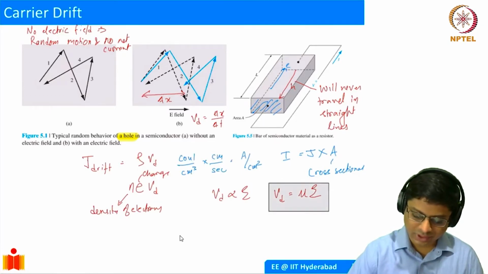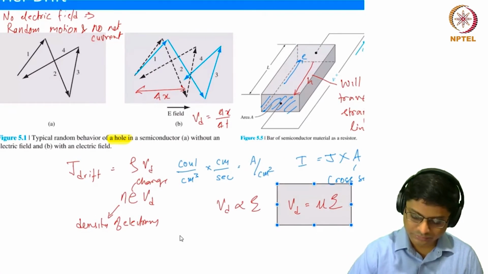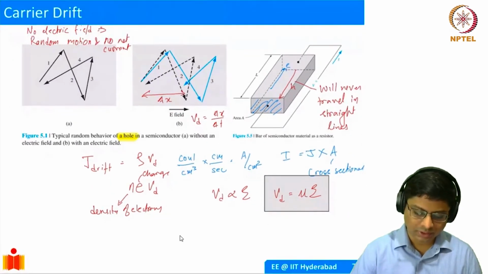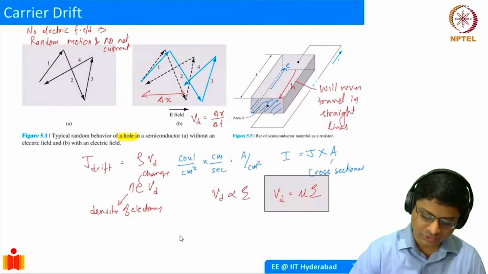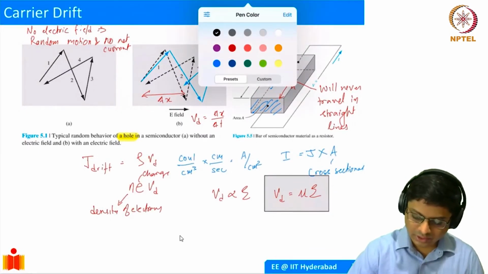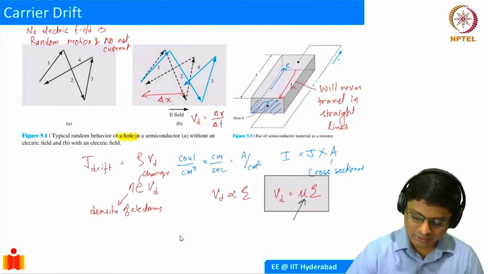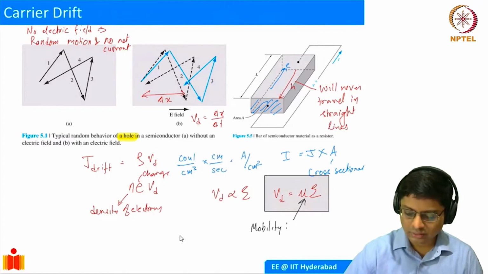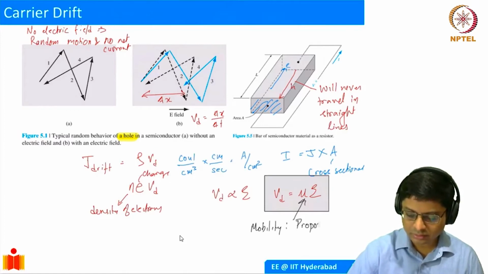So what this is telling you is that the drift velocity is proportional to the field, and this proportionality constant we'll call mobility.